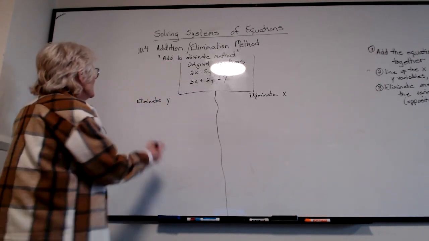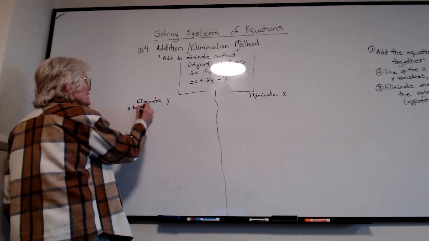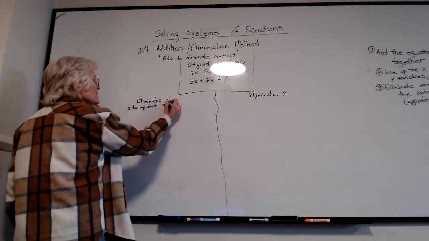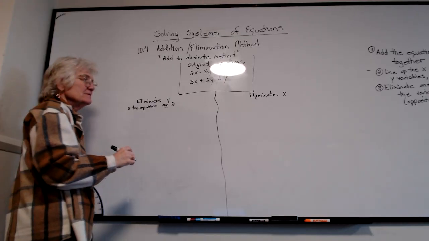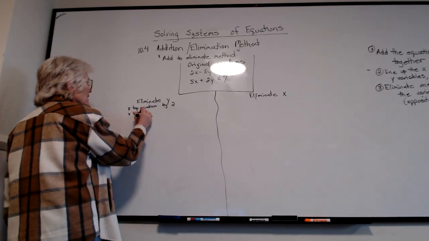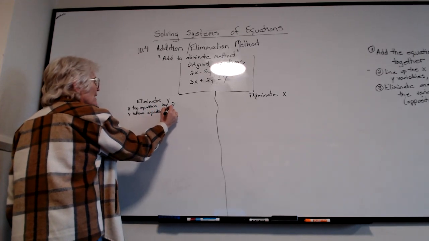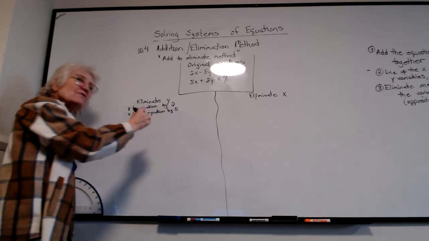2. So we're going to multiply the top equation by 2. What are we going to multiply the bottom equation by? 5. And if you want to write those down here, you can.